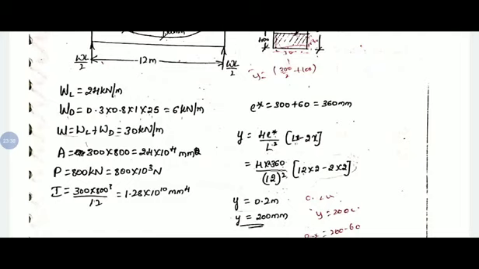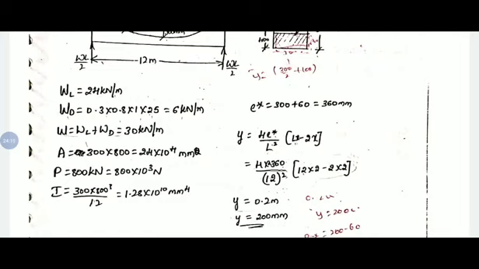Now we need to find out at a distance of 2 meter from left support. If you consider midspan, it is 6 meter, but we need to concentrate at 2 meter from left support. So since it is a parabolic cable, first we need to find out what is the depth of the cable at that particular section, that is 2 meter away from left support.